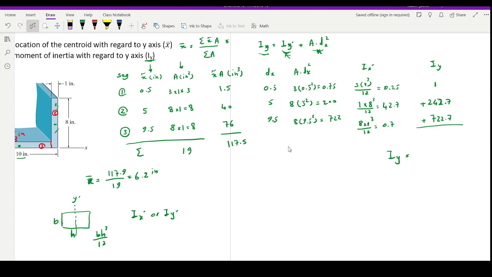If you solve it, you will get 966 inch cube. I forgot to write in here that these units are inch to the fourth, inch over 4, my bad. So the result is 966, and we pretty much calculated for both.